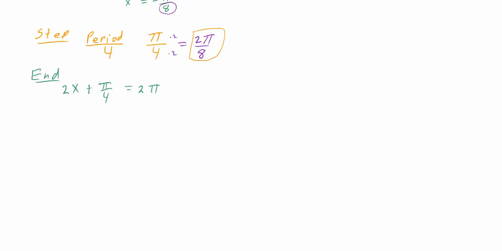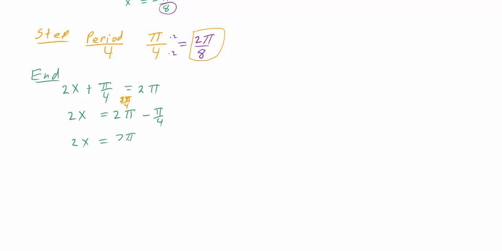So if we solve, we would get 2x is equal to 2 pi minus pi over 4. And here, if we're going to subtract this, we need a common denominator. So what do we need? 4. So that would be 8 pi over 4. So therefore, we would have 2x is equal to 2 pi, or 8 pi over 4, minus pi over 4.